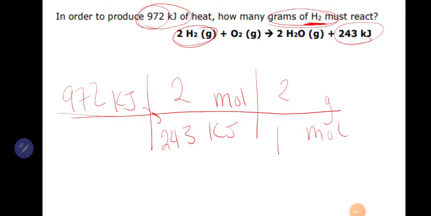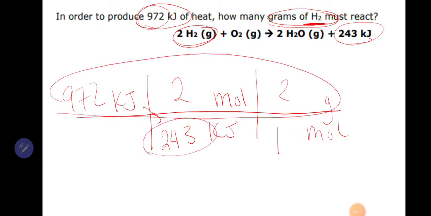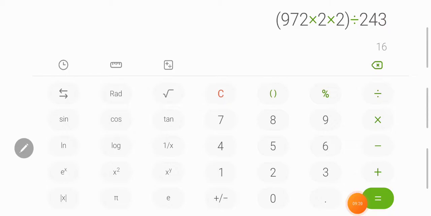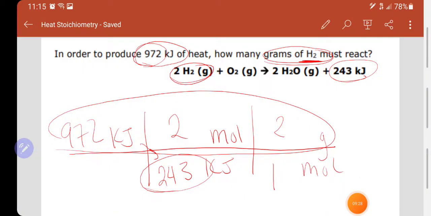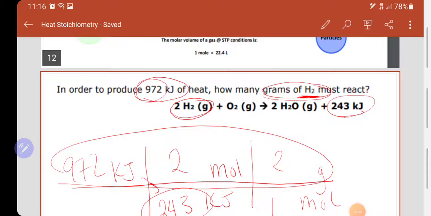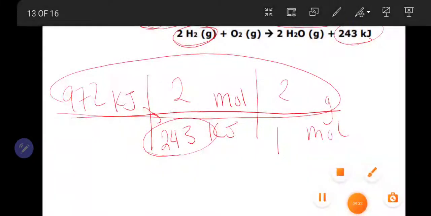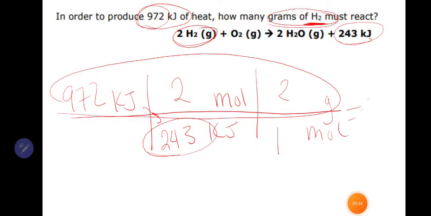So then we're going to multiply all of this together and divide by the bottom. So when I multiply all of this out and then I divide by my enthalpy, we get a total of 16. So that means that we should get 16 grams of H2.